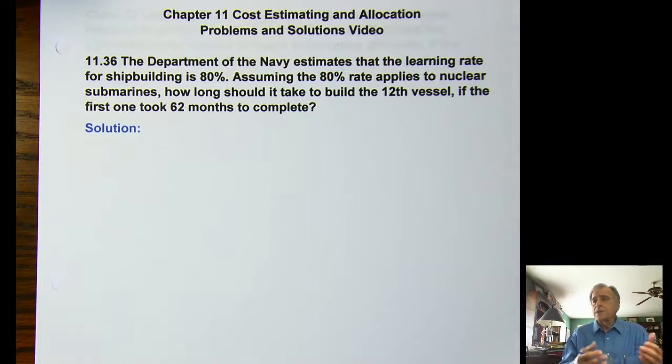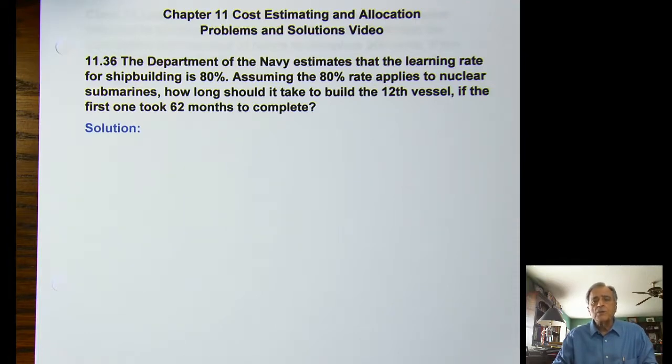And one of the reasons I'm emphasizing learning curves in this problem session is because when I worked in industry, this was a very common thing in the aircraft industry in particular, of using learning curves to estimate cost for future production runs of a product.